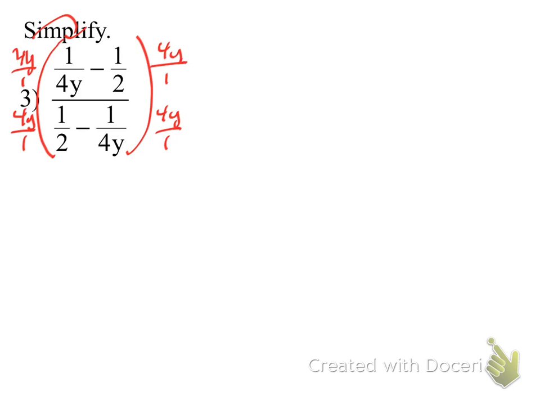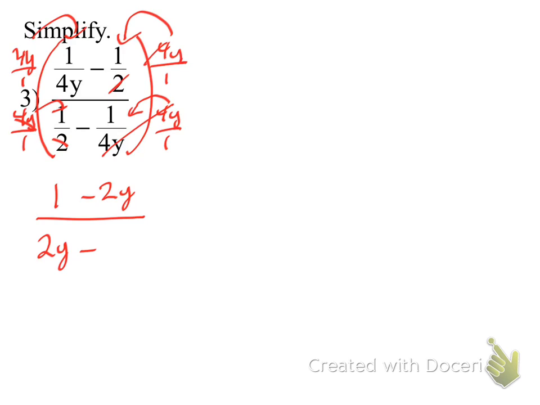So when I distribute, I get 1. When I distribute, I get minus 2y. When I distribute, I get over 2y. And when I distribute, we get minus 1. Perfect. Awesome job.